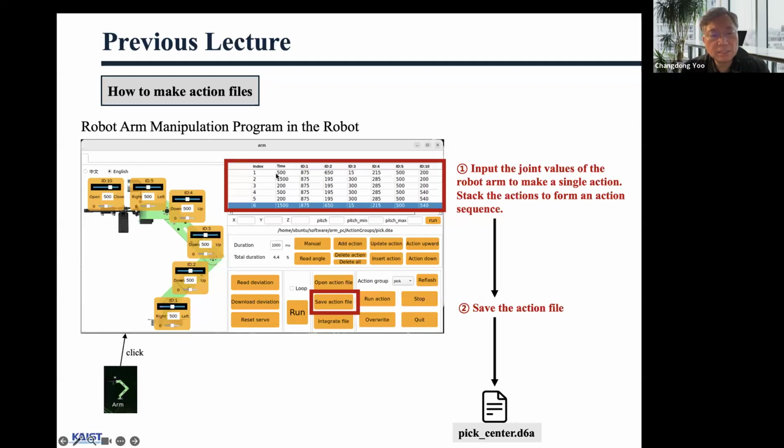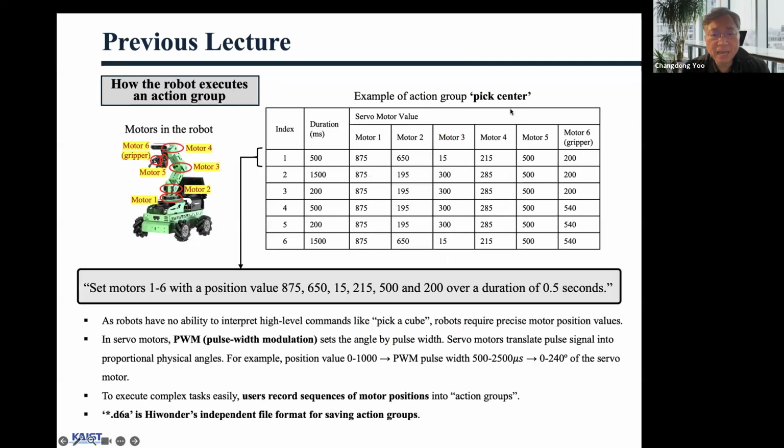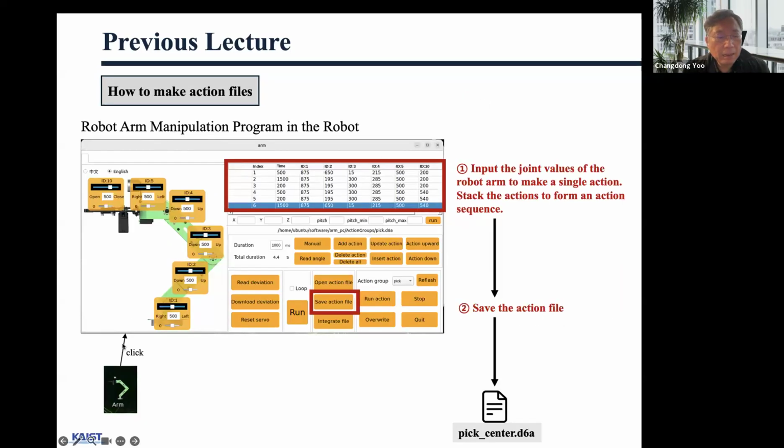You can set this primitive action, or action group, pick center, by using teleoperation. You use your mouse to move the motors, to see that you are actually performing that action, pick center.